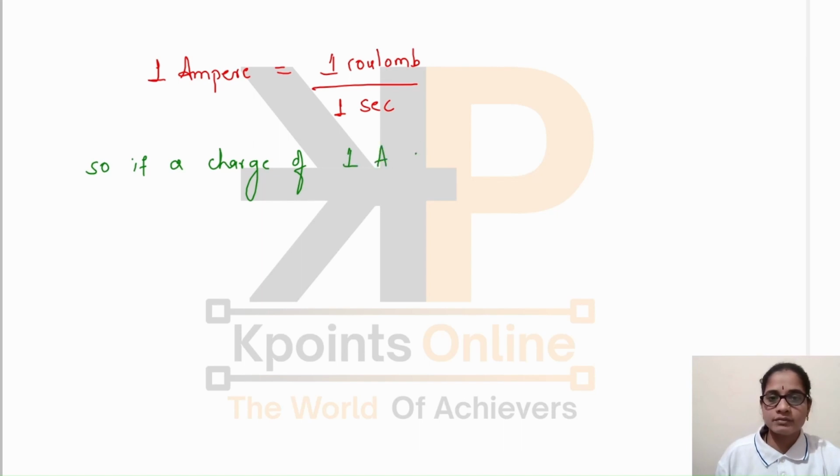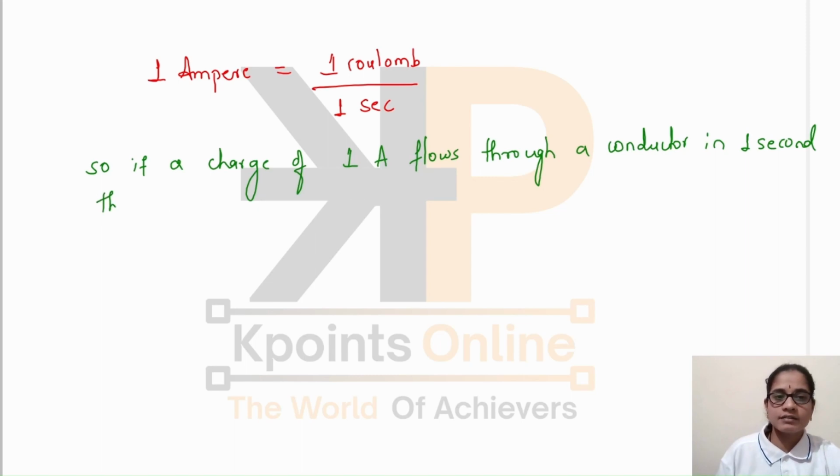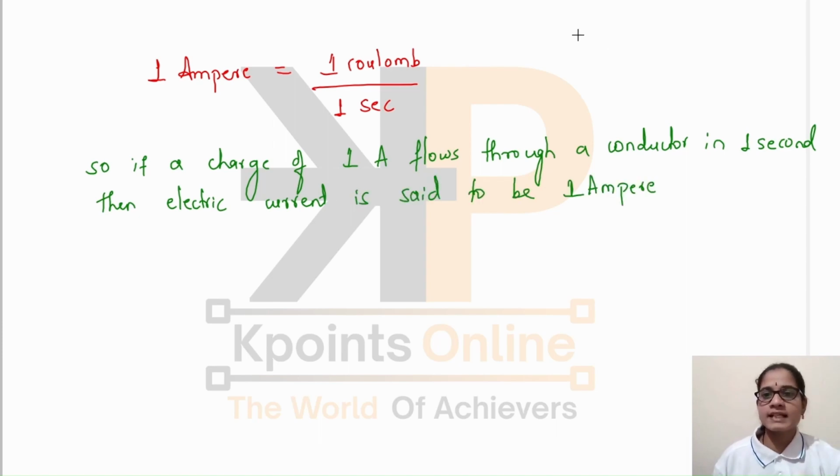What if I say 15 ampere of current is flowing?